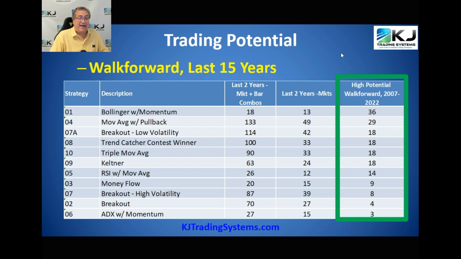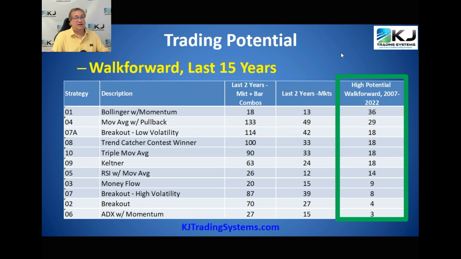And when you look at it in that regard, the Bollinger Band, which you remember the last 2 years actually had the worst performance, comes out to be the best. So Bollinger Bands have high potential over this last 15-year period. Moving average with pullback, again, is number 2. And the ADX with momentum is down at the lower end. Not many markets have worked over the last 15 years with that ADX strategy.